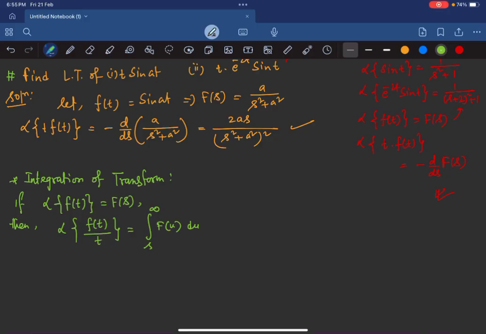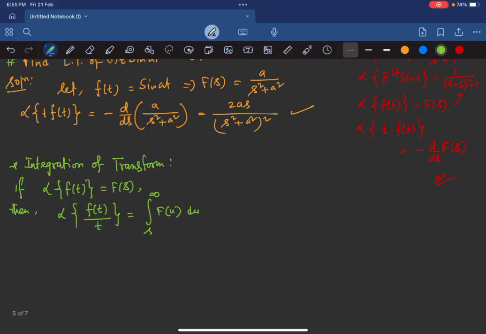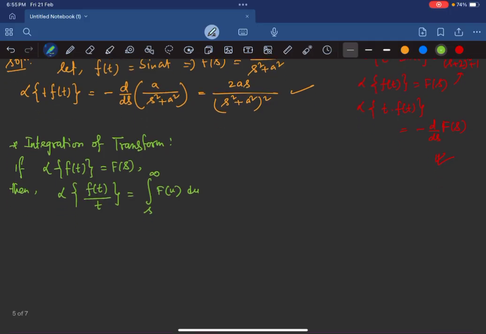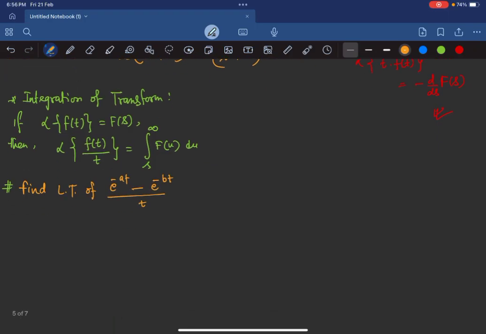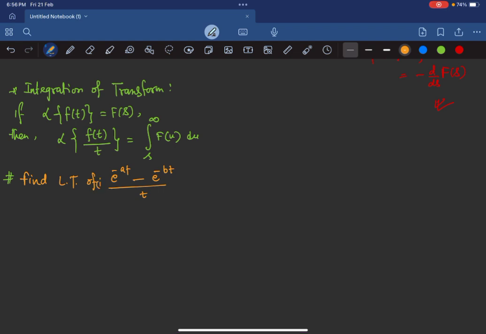Now we can have one question based on this idea. One problem we can consider here: find the Laplace transform of (e^(-at) - e^(-bt)) by t. Suppose this is question number 1.